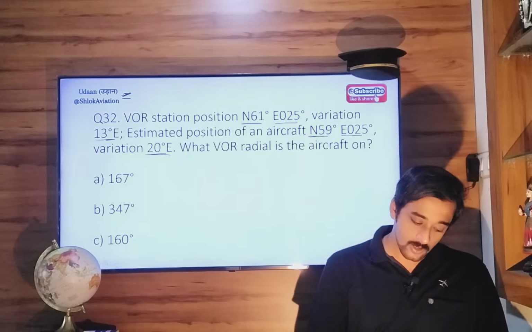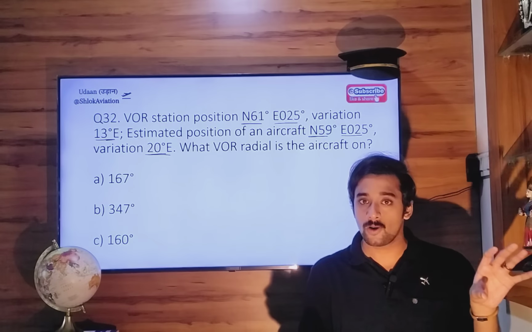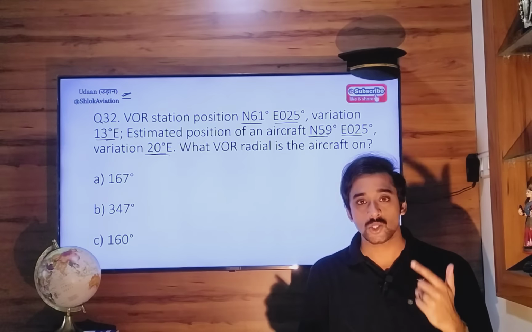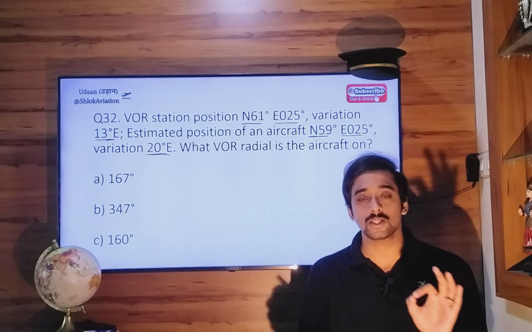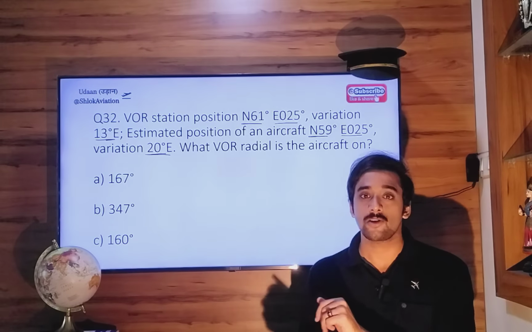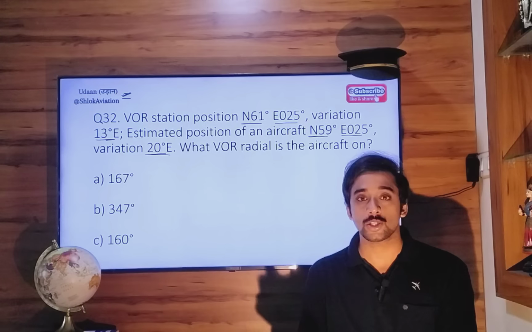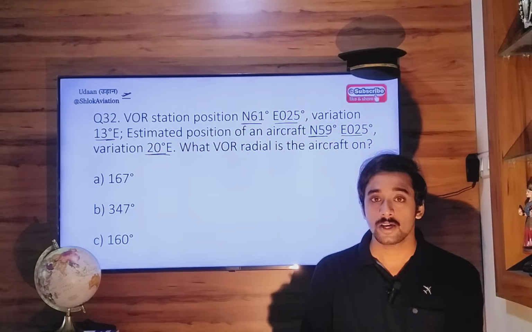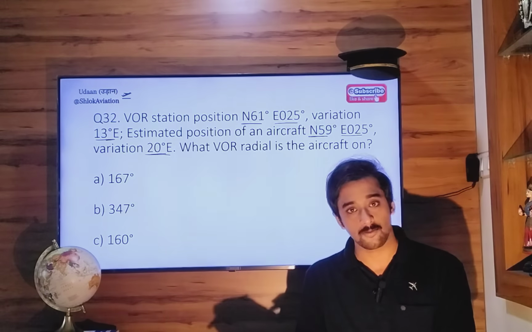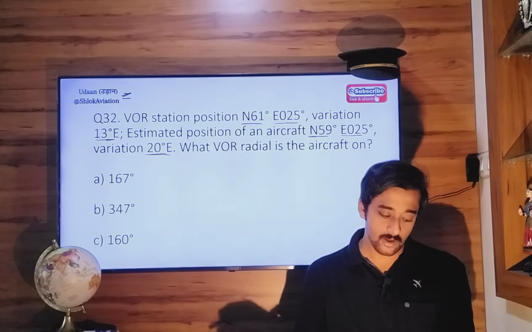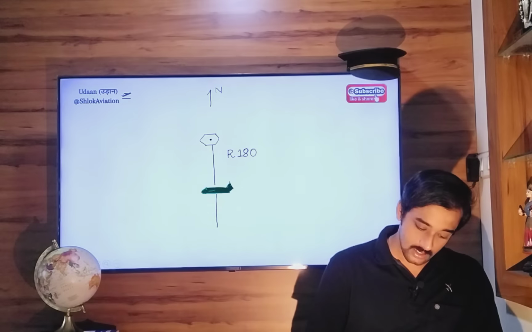Now there are two types of variation available: variation at the VOR, variation at aircraft. Now in solving VOR questions, you will use the variation existing at the VOR location. In solving questions involving NDB, ADF, you are going to use variation at aircraft position. So here variation at VOR is 13 degree east.